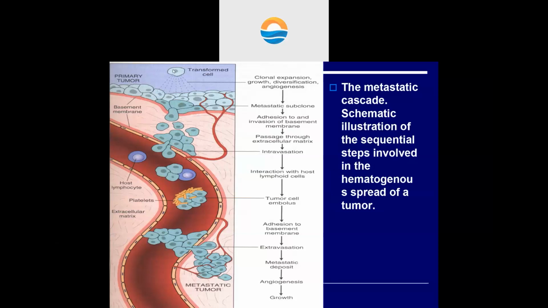On the top of this picture, you see the transformed cell, then clonal expansion, growth of the cells, angiogenesis, new vessel formation, and then, due to progression, the formation of variant cell clones, and one clone is the metastatic subclone.